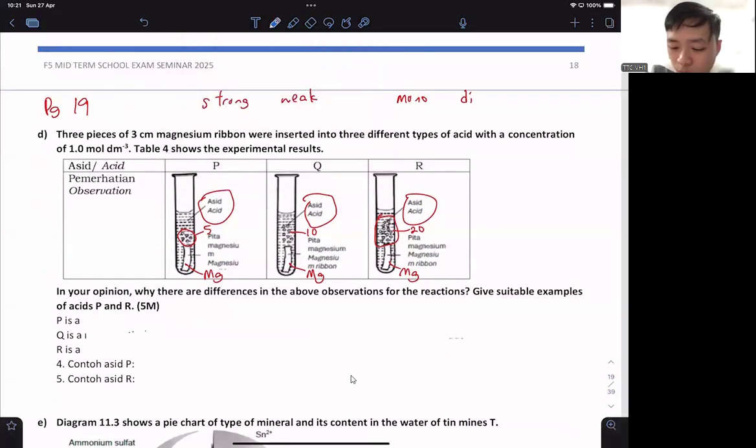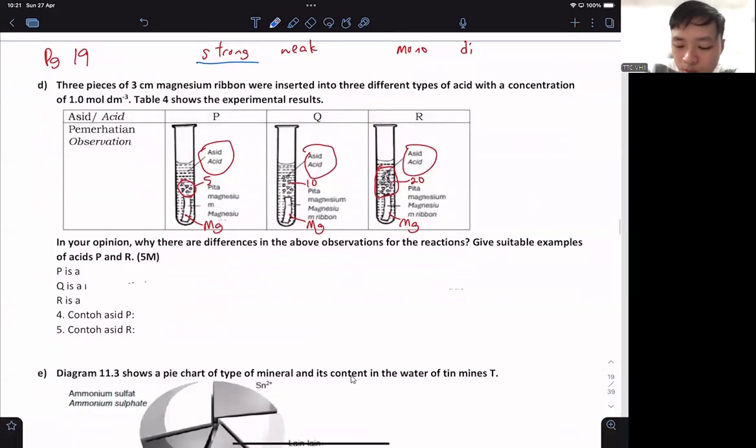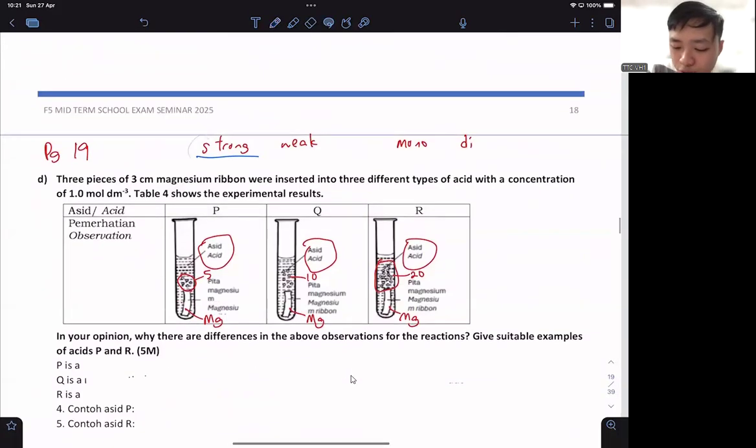So I give you an example. What is the example for strong acid? If the exam comes up, you will get a few. Strong acid, you have HCl, hydrochloric acid, or HNO3, nitric acid, and also H2SO4. But H2SO4 is stronger. H2SO4 is a diprotic acid. These two are monoprotic.